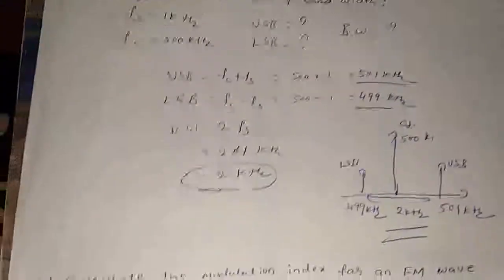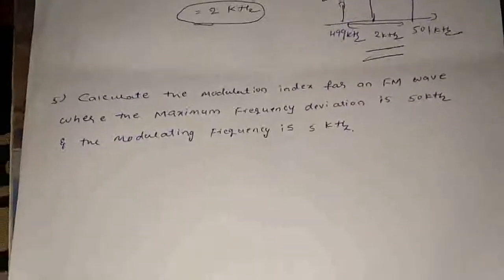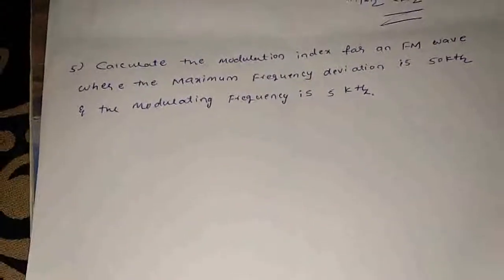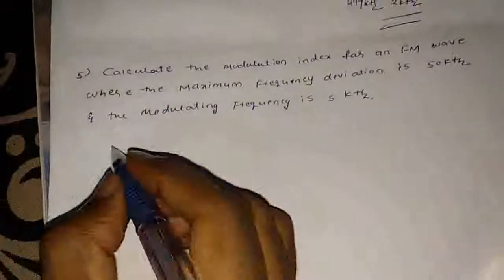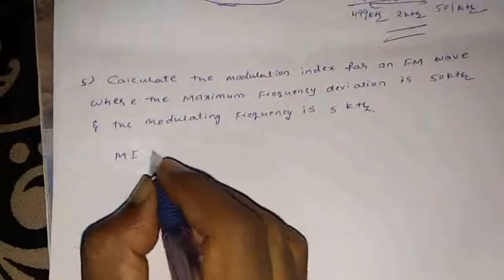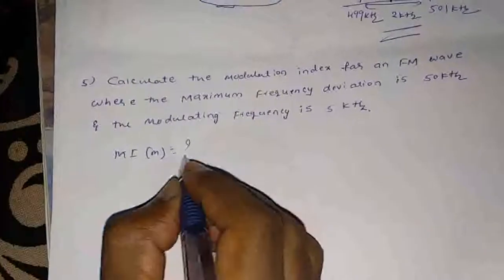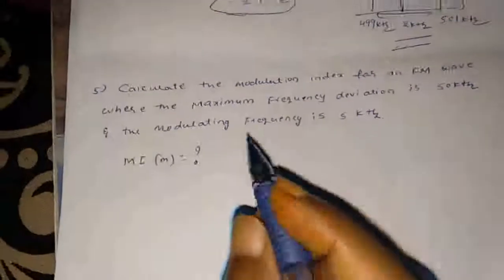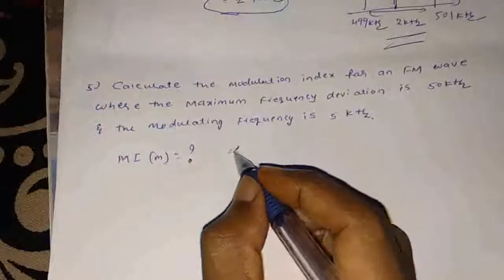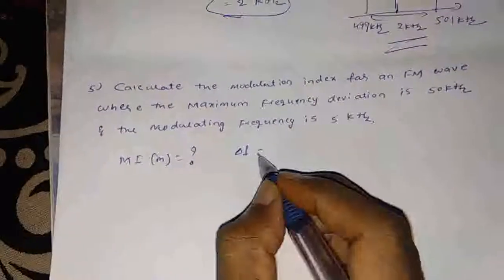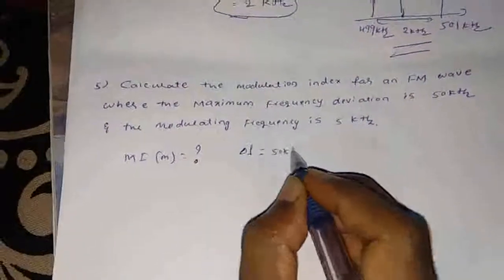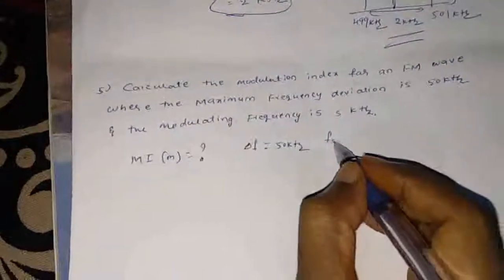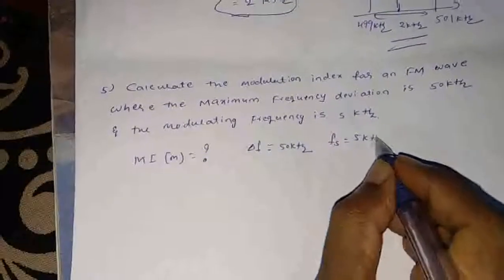And next one, fifth one, calculate the modulation index of the FM wave, where the maximum frequency deviation delta f is equal to 50 kilohertz, and the modulating frequency fs is equal to 5 kilohertz.